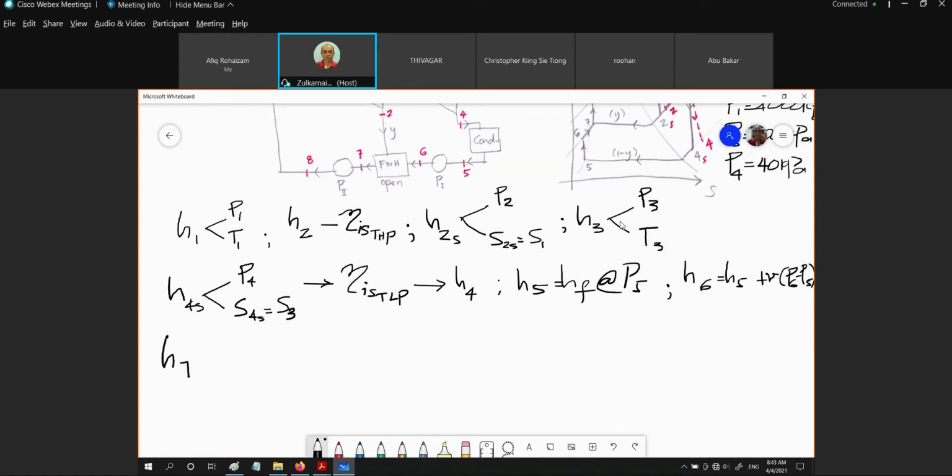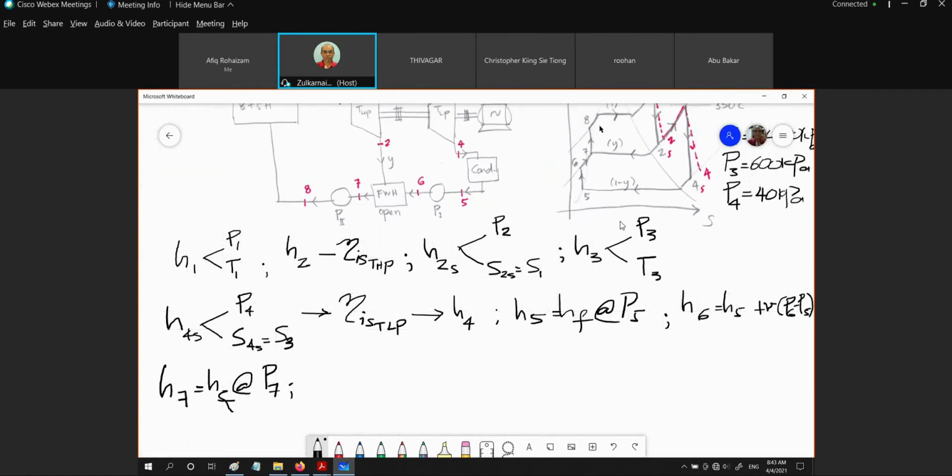H7 is equal to the HF at P7. How to get H8? H8 is equal to H7 plus V times P8 minus P7. So this is how you get all the enthalpy.